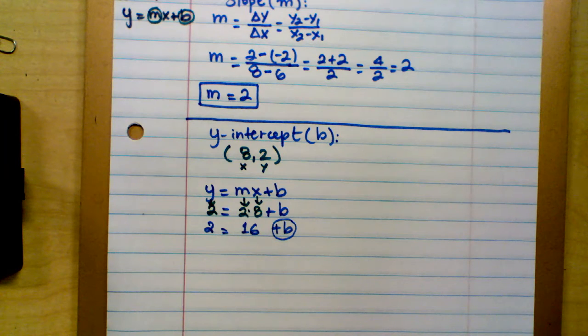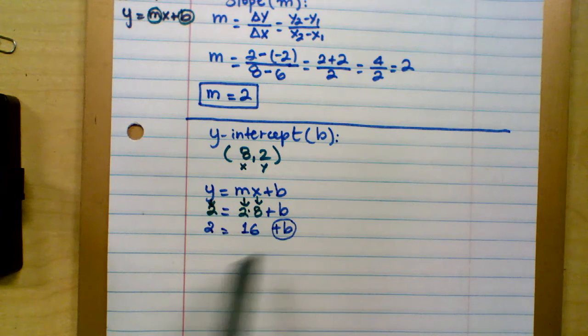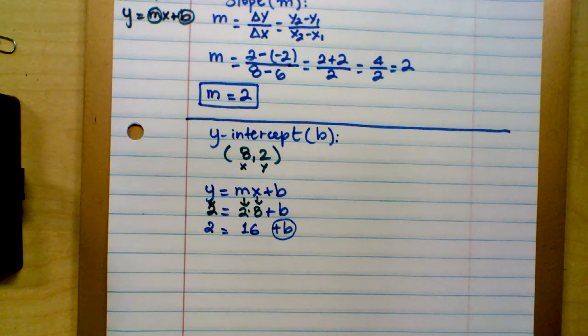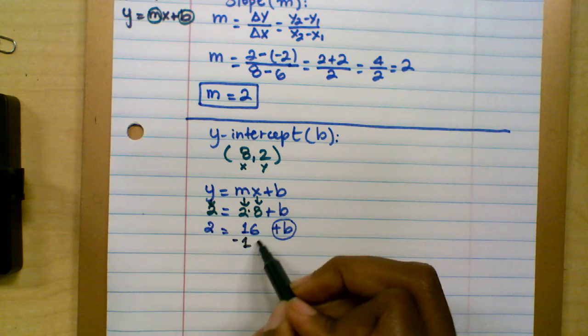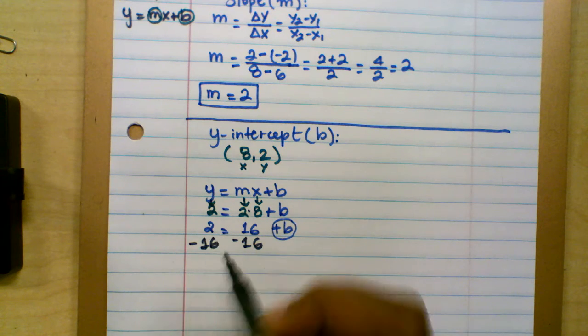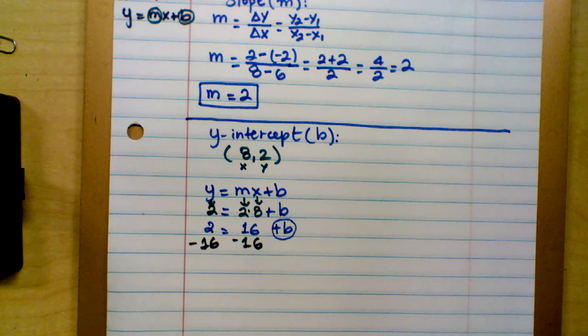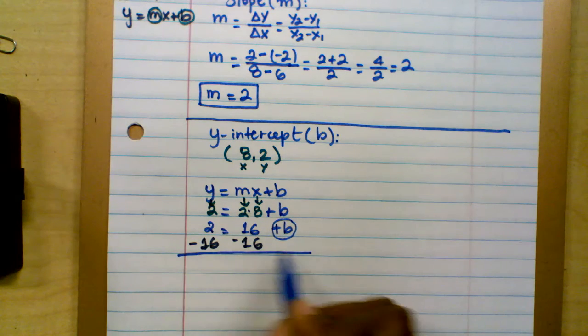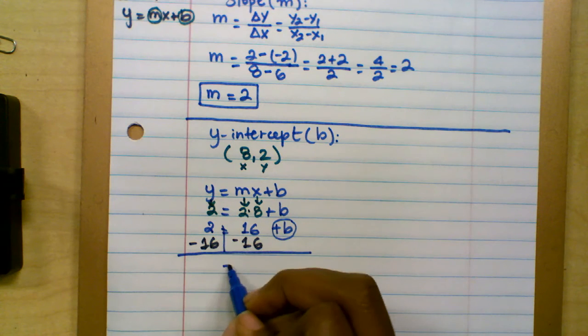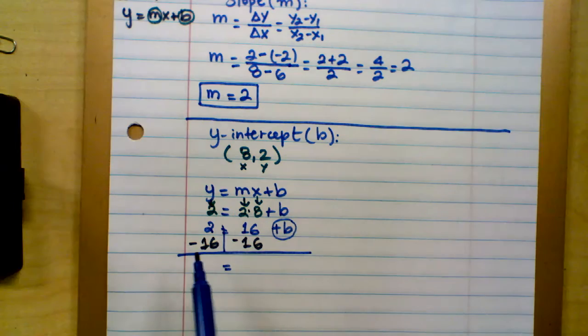But we see that 16 has been added to the b. To undo addition of 16, you're going to subtract. So you subtract 16 on both sides. When you subtract 16 on both sides, what do we get? Again, you're adding numbers with different signs.